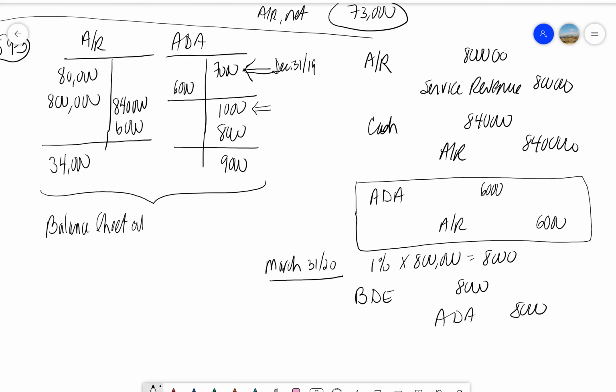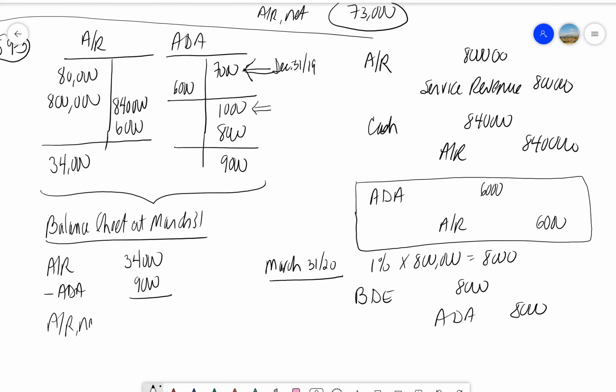For our accounts receivable, we're going to have a balance of $34,000 less the allowance for doubtful accounts of $9,000. So our accounts receivable net is going to be $25,000. That would be the amount that will show up on our balance sheet under our current assets for accounts receivable.